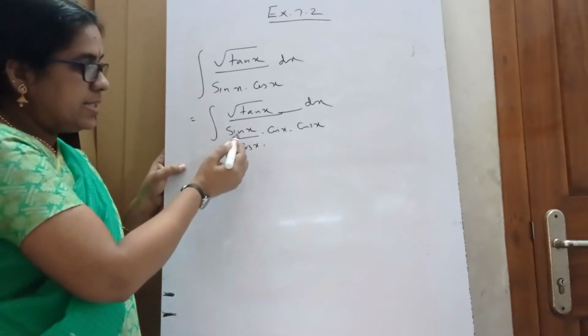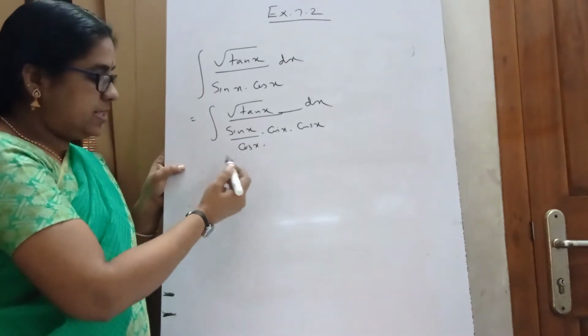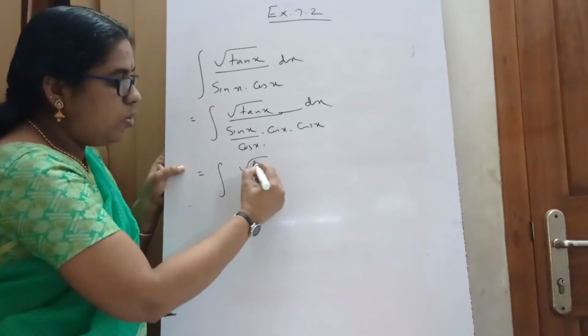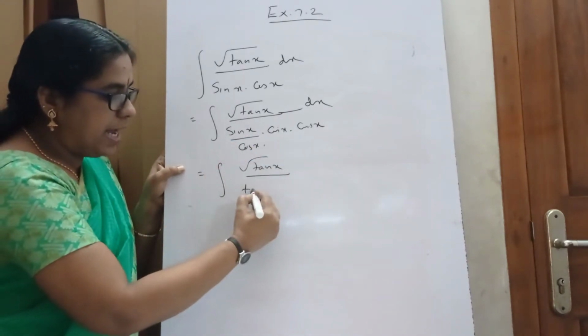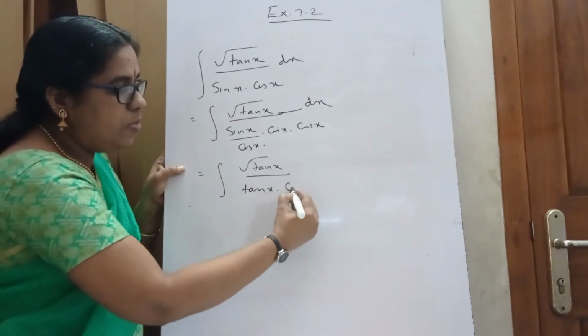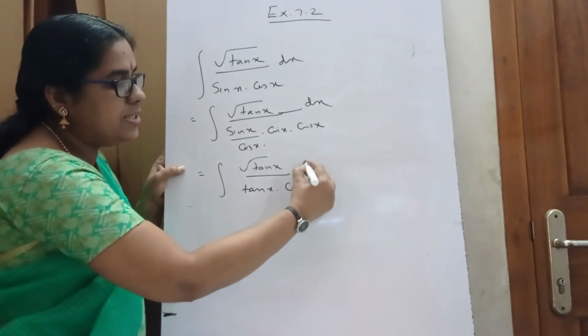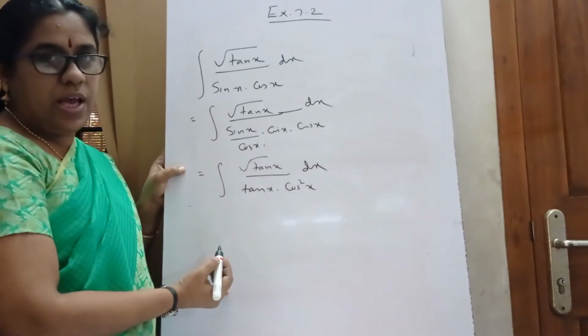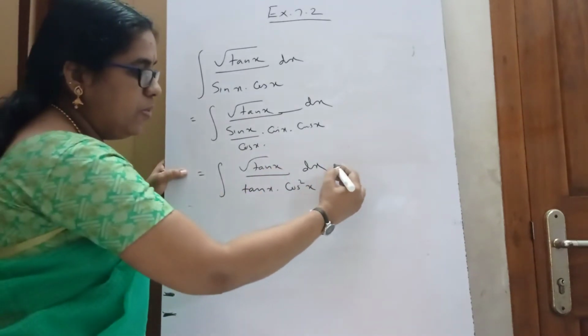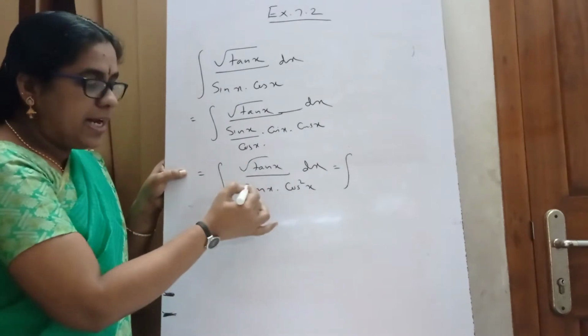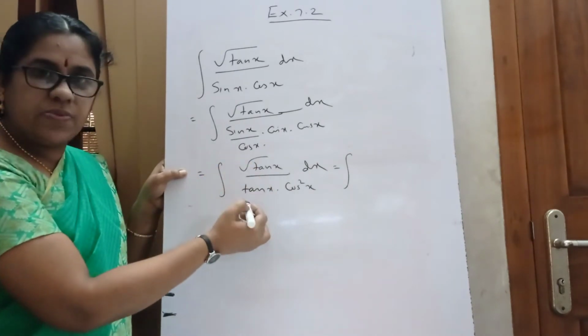Therefore, we get sin by cos gives tan x, integral root tan x divided by tan x into cos x into cos x, which is cos square x dx. Therefore, root tan x and tan x, root tan x will get cancelled.